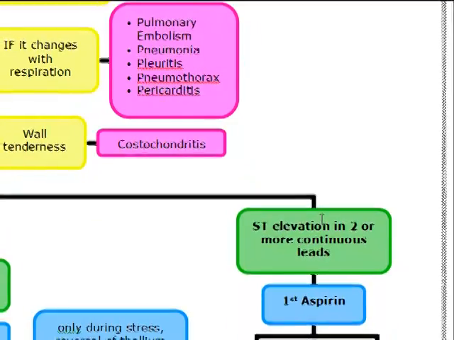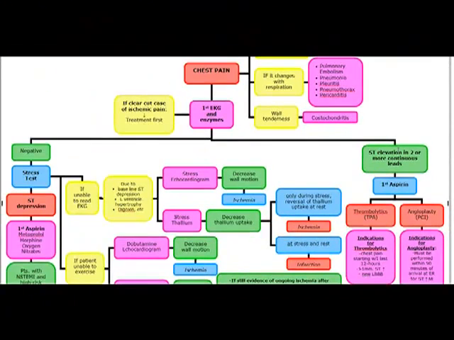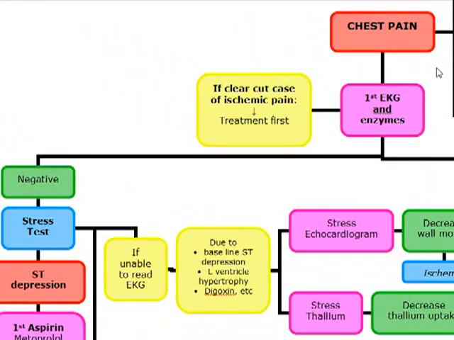Now, if the cardiac enzymes are positive and that EKG shows an ST depression, this is known as an N-STEMI, or a non-ST elevation MI. Now, how are you going to distinguish between an ST depression due to unstable angina versus an ST depression due to a non-STEMI? Well, the cardiac enzymes are going to be positive.